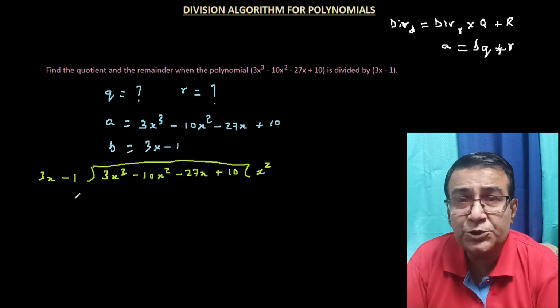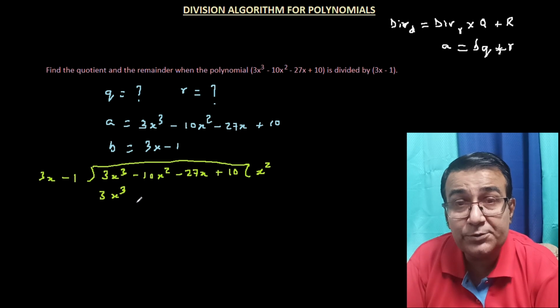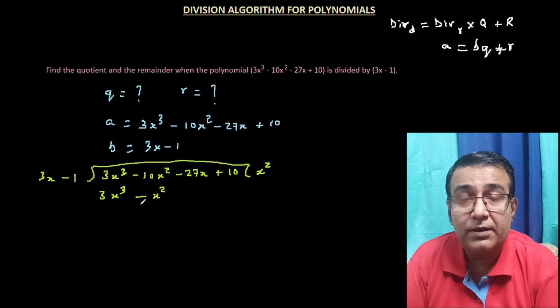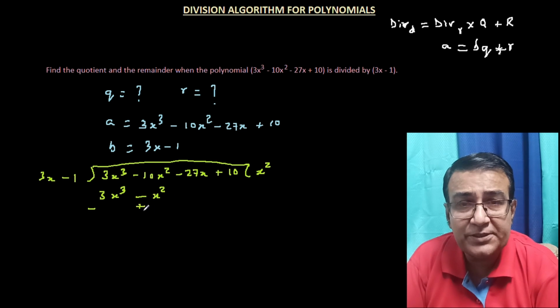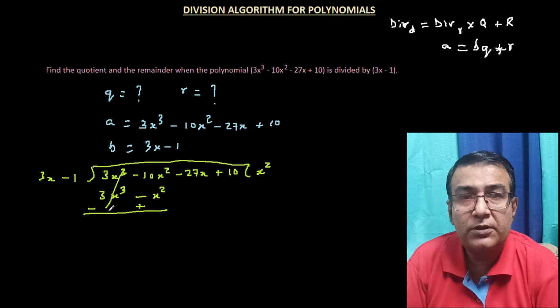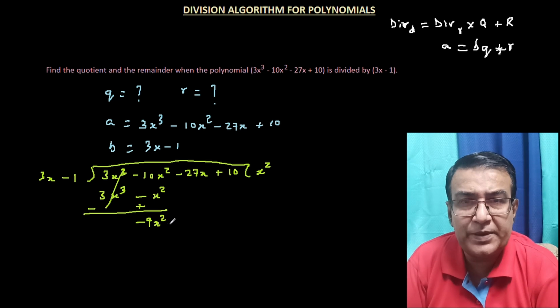We multiply the quotient by the divisor, so x squared times 3x gives us 3x cubed, and x squared times minus 1 gives us minus x squared. Since we have to subtract it, this becomes negative and this becomes positive. The 3x cubed gets cancelled, and we've got minus 10x squared plus x squared, which makes it minus 9x squared. The rest of the polynomial comes down as it is, minus 27x plus 10.